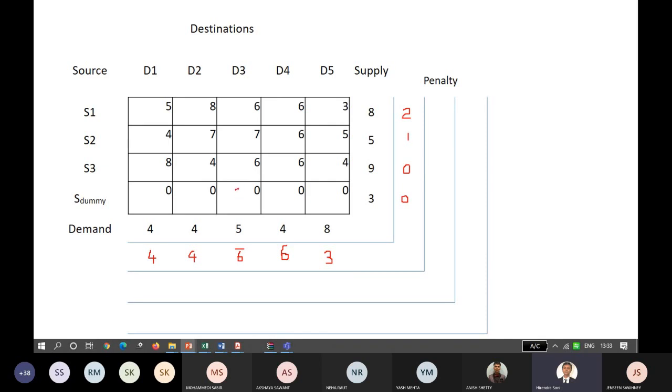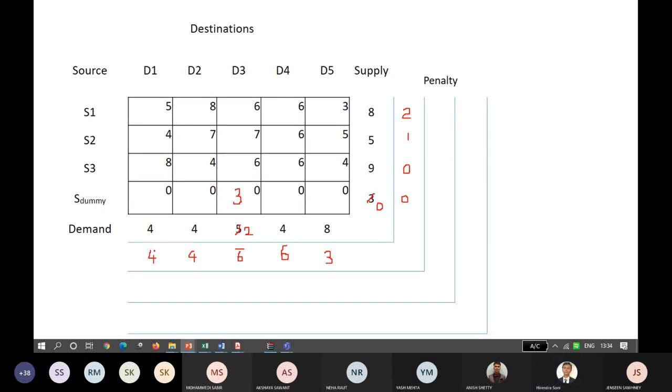How much? 3. See, the dummy you created is the first to get eliminated. Fine. So this is taken care of. It becomes 0, whereas this reduces to 2. Fine. Now again we will calculate our penalties.